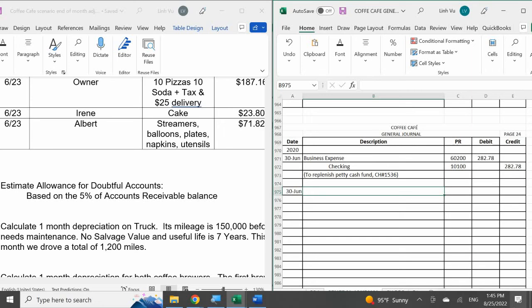So how do I recognize, how do I journalize this estimate, this adjustment? What am I adjusting for?